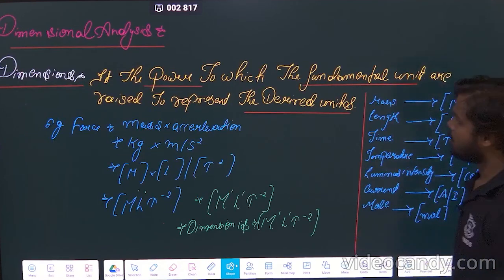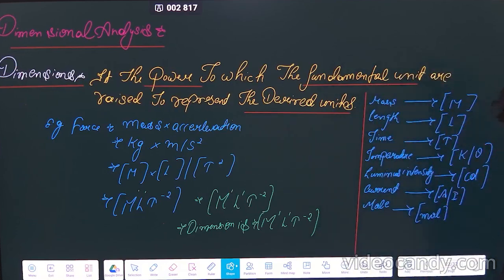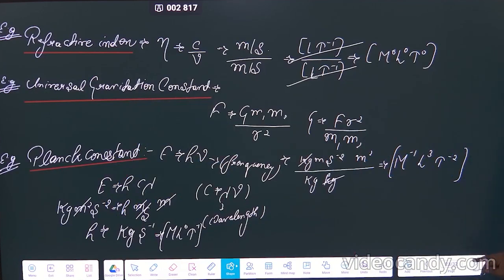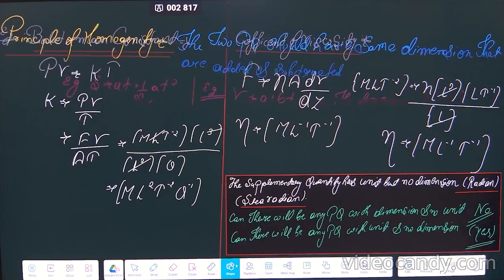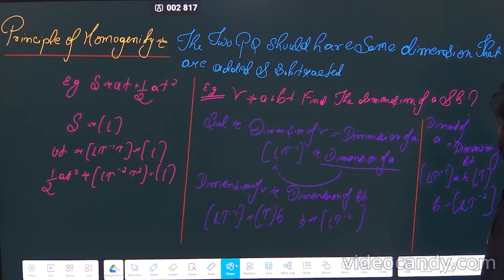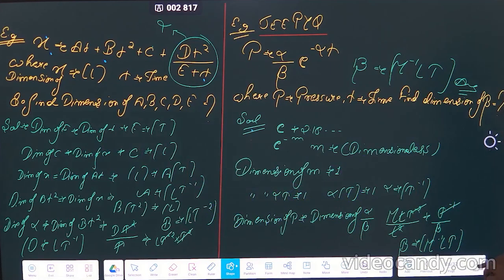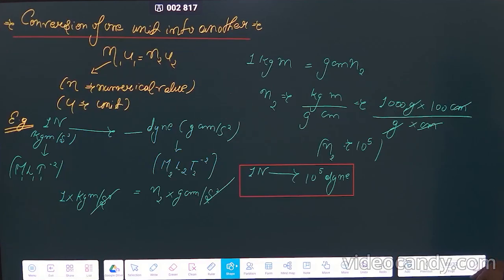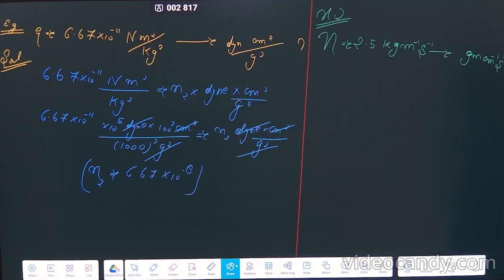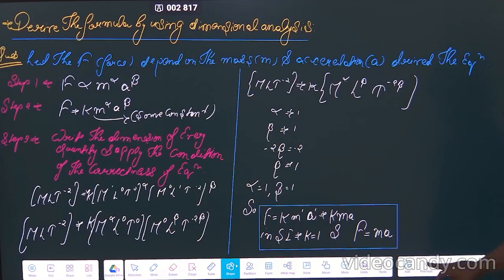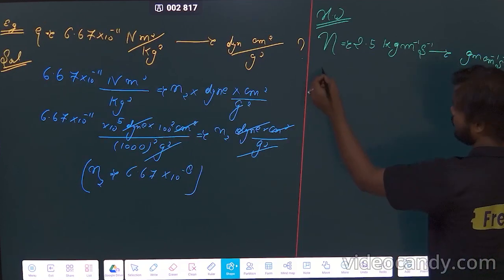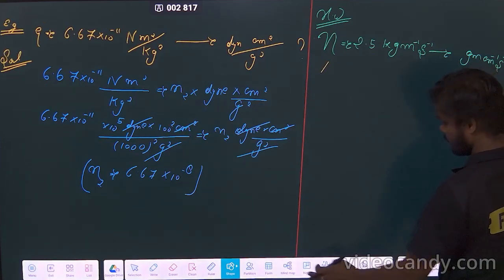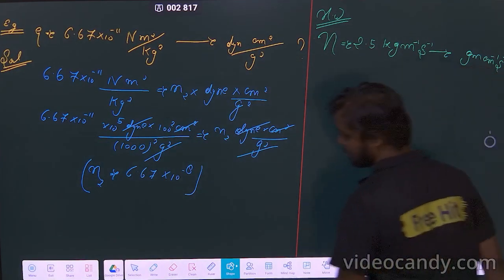First we have seen what is dimension, then the different types of dimensions, then this important property, then the principle of unity, then checking the correctness of an equation, conversion of one unit to another unit, then one numerical. This is a homework I have given. Okay, what is the answer for this? Let us solve this.